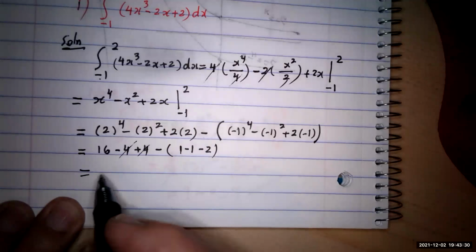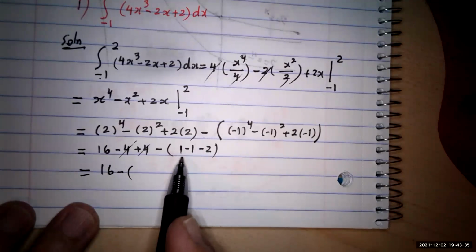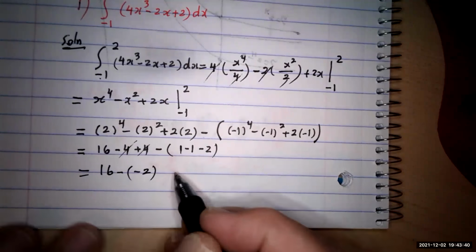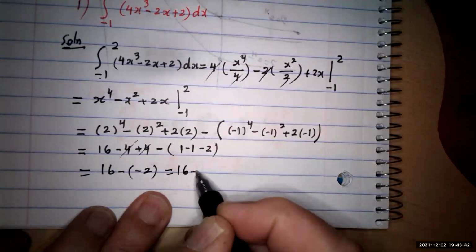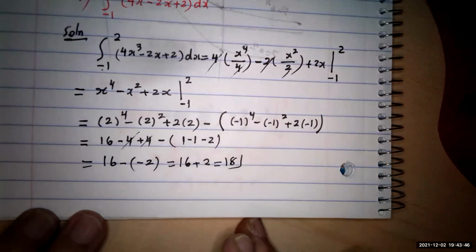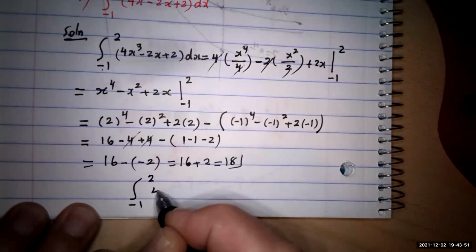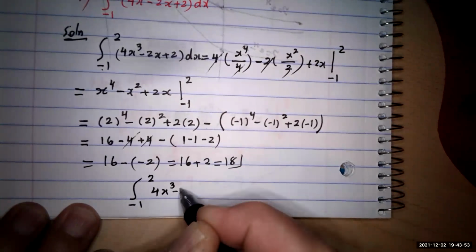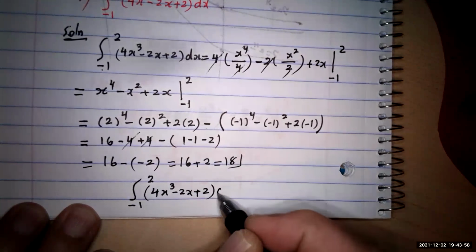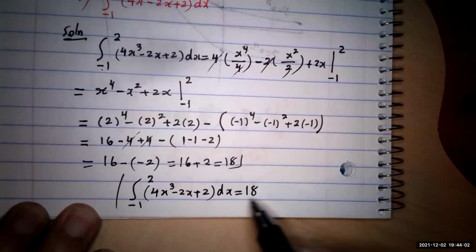This 4 and 4 cancel out, which gives us 16 minus. Inside, 1 and -1 cancel out, which gives -2. Now apply the negative sign: 16 plus 2 equals 18. That's it. So the integral from -1 to 2 of 4x cubed minus 2x plus 2 dx is equal to 18. And you're done.